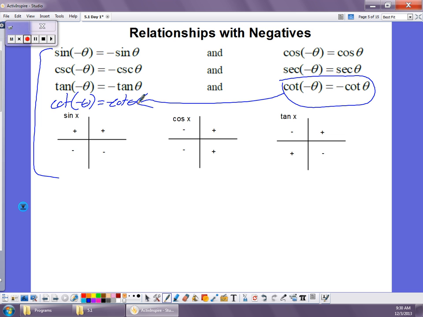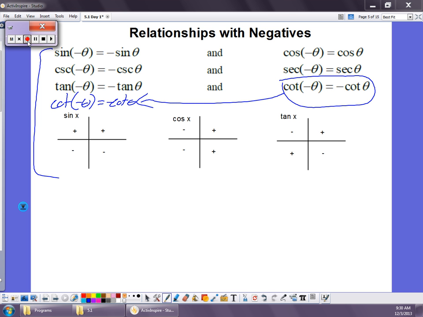Something to do with graphing? Do you remember what else these have in common? So all of these are odd, and all of these are even. So the odd functions, you bring the negative out front. The even functions, you can just get rid of the negative altogether.